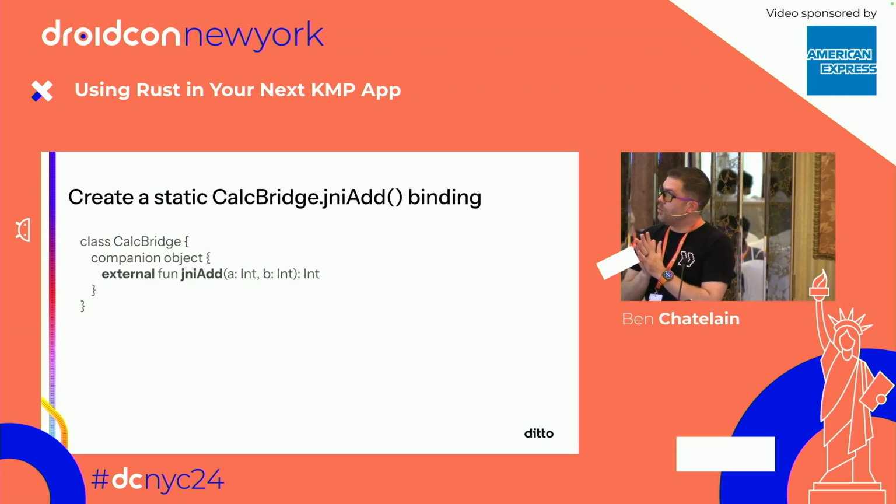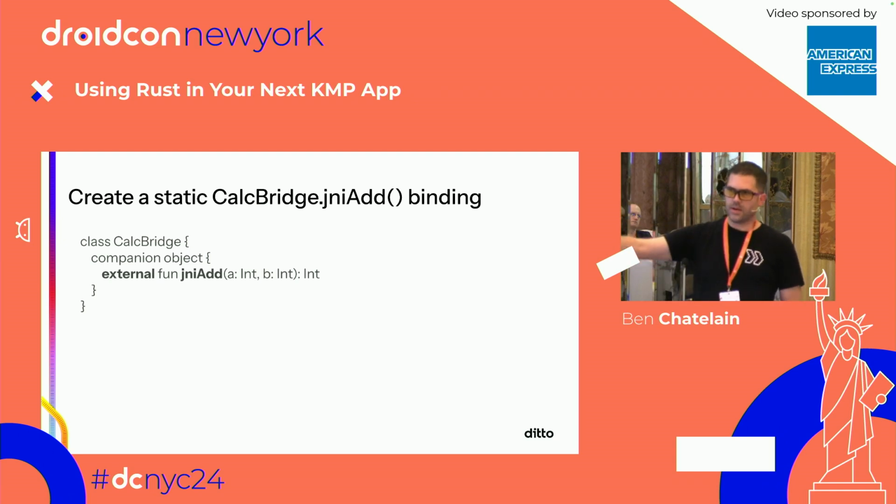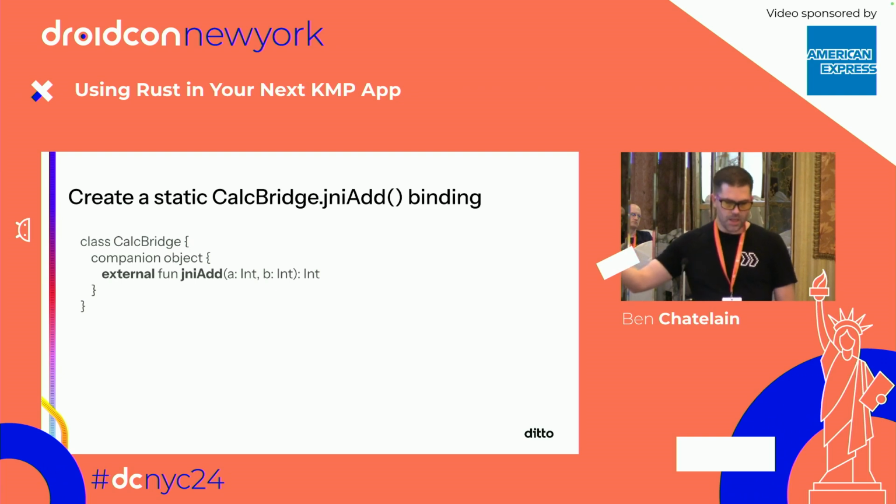Well, what I did to deal with this issue is create a CalcBridge, and I just threw it in a companion object, and note the external keyword on this. So this is declaring that this is an unimplemented method in a Kotlin class. I'm calling it jniAdd.